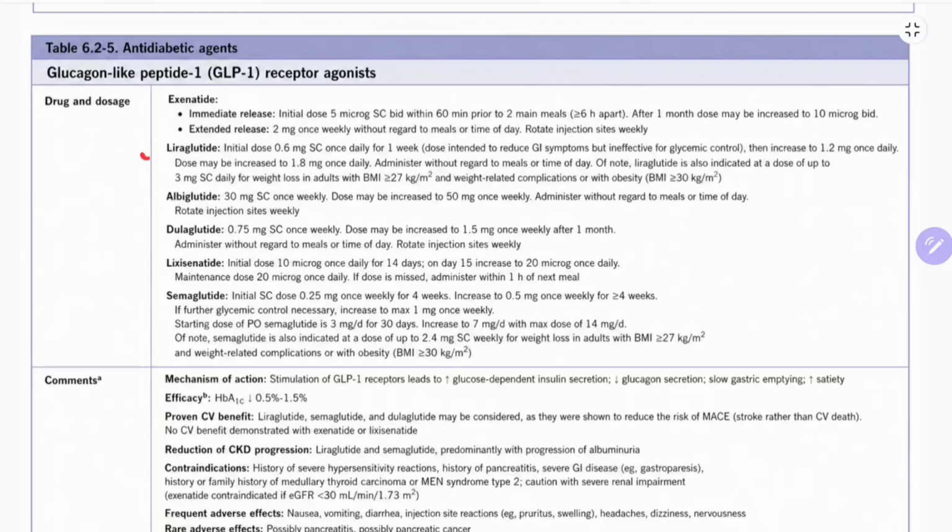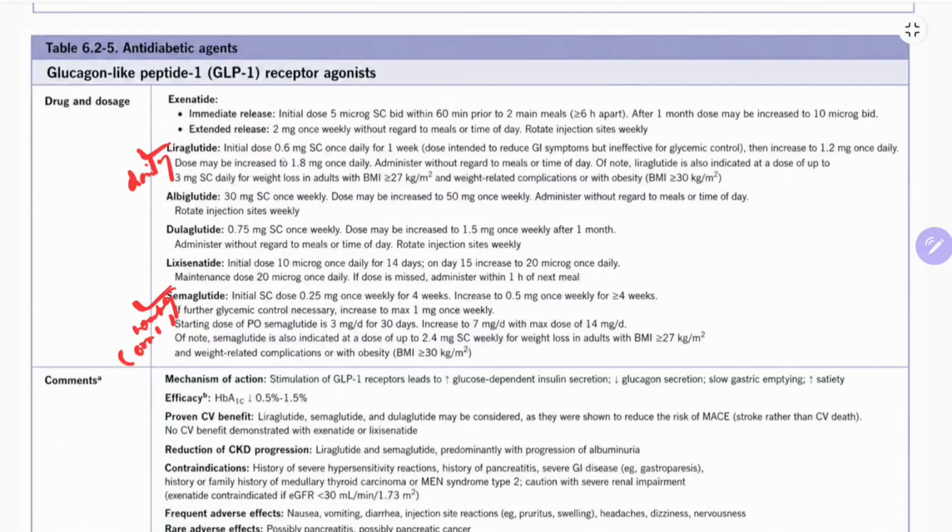Liraglutide is short acting, given daily, whereas semaglutide is long acting, given weekly, by subcutaneous injection. There is also an oral formulation of semaglutide, but liraglutide lacks an oral formulation.